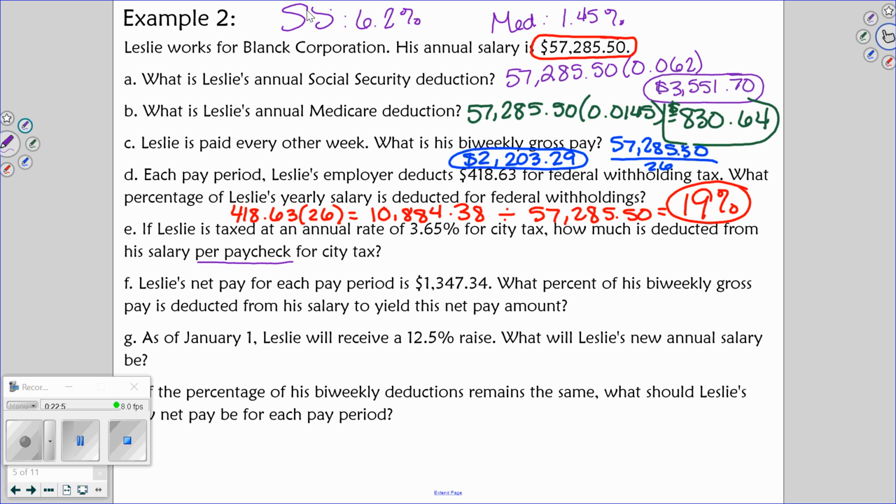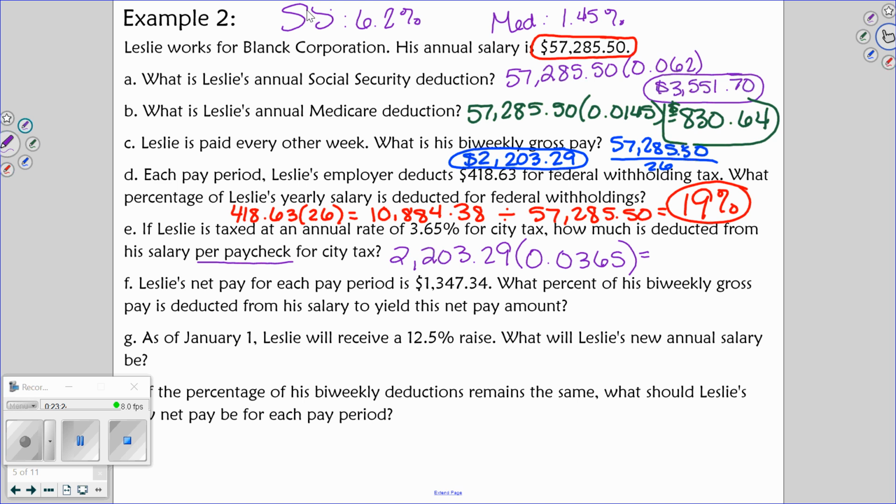This is how much he makes for each paycheck. So we have to use the 2,203.29, and we're going to multiply that by your tax rate, so 0.0365.